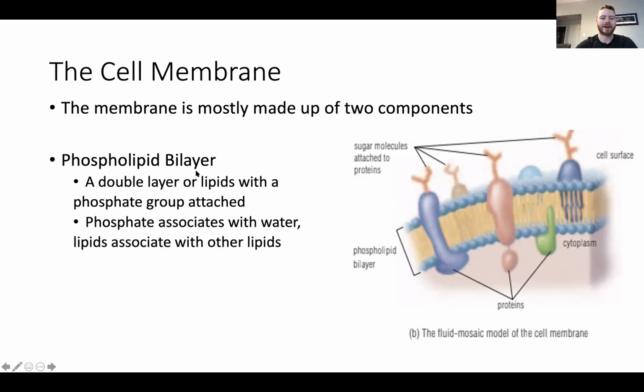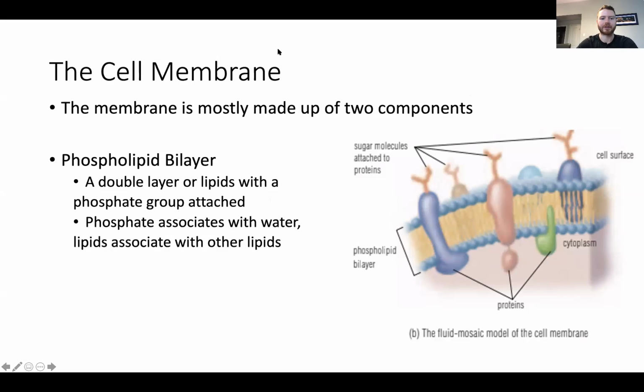This is a double layer of lipids with a phosphate group attached. And these phosphate groups will associate with water, lipids associate with other lipids. So here are the phospholipids or the phosphate groups, and here is the lipid bilayer.